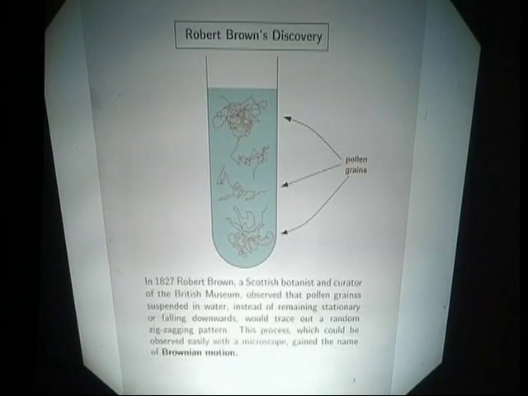So this process, which could be easily seen with a microscope, gained the name of Brownian motion.